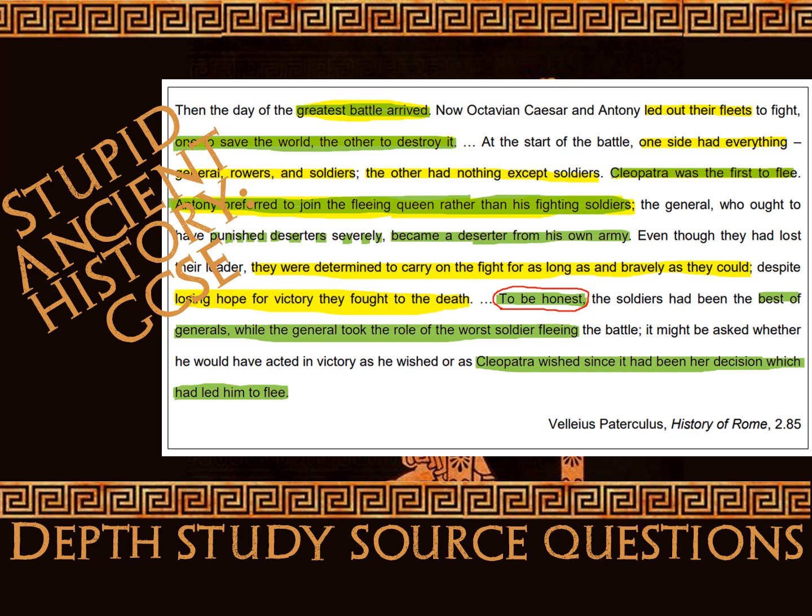Straight away following that, Antony is described not directly as a coward, but then he's the guy who legs it next. He's a deserter, and then we get this big description of he's the man who should be punishing deserters, but he does it himself, so he should be punishing himself, or it's worse that he does it. He's meant to be the general.